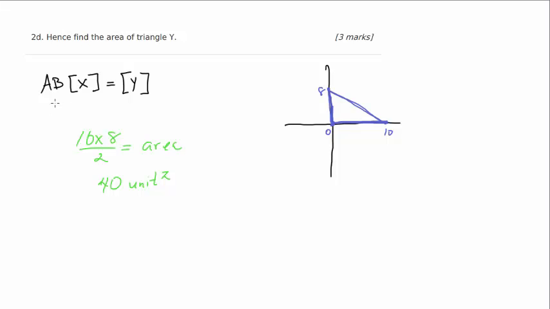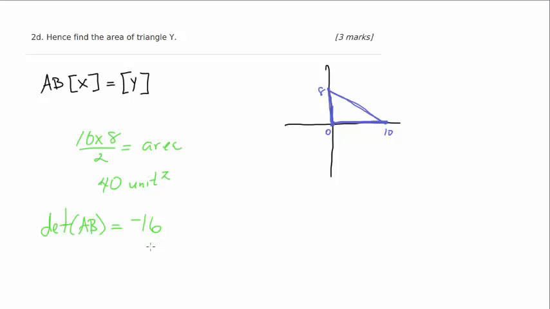What we need to know is the determinant. And so to answer part D, the hence is what is the determinant of matrix AB. And again, if you've already got these typed into your calculator, it will work that out, and it will tell you that it's negative 16.